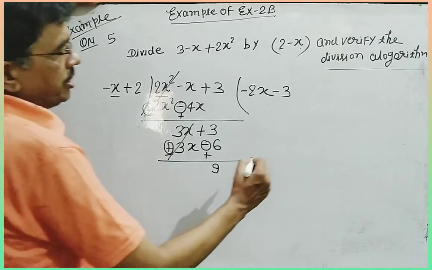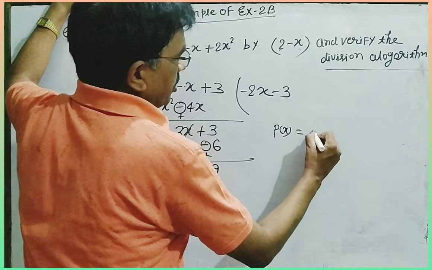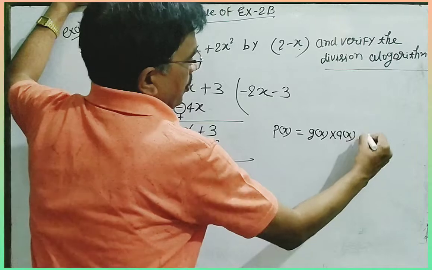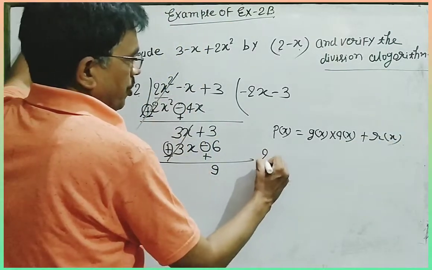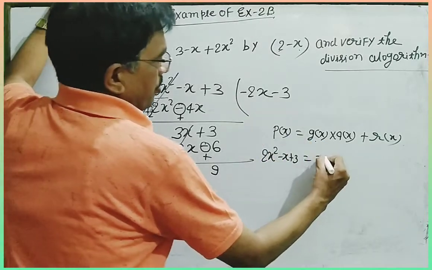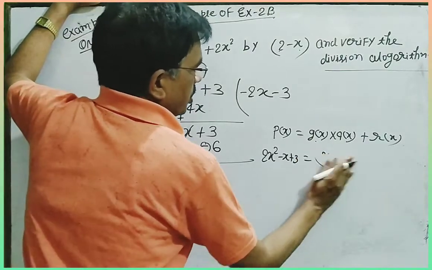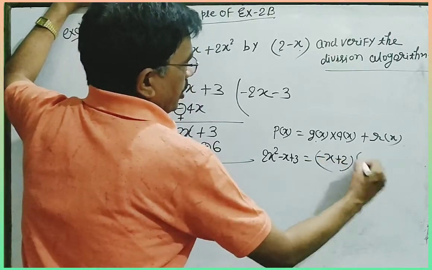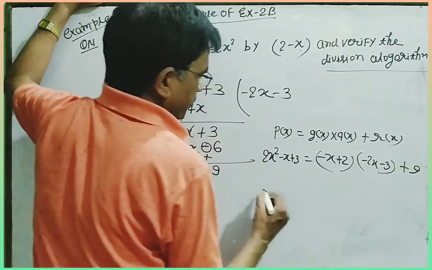Now verify the equation. That is p(x) equals dividend equals divisor into quotient plus remainder. So here p(x) is 2x square minus x plus 3, g(x) is minus x plus 2 and q(x) is minus 2x minus 3 and remainder 9.